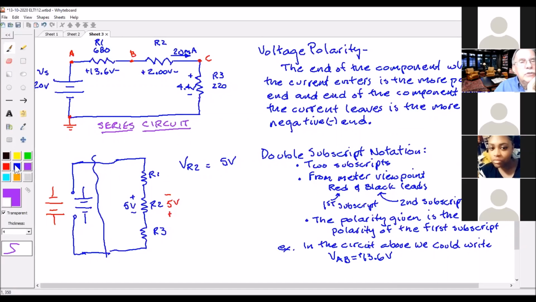Anything along here between components is point A. Anything along here is point B. Anything along here is point C. And anything along here is ground.